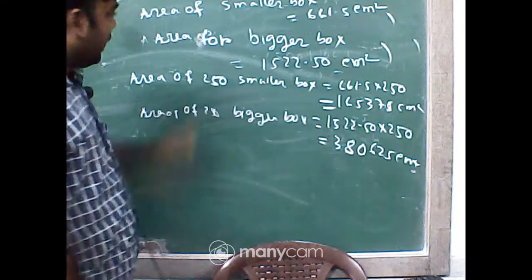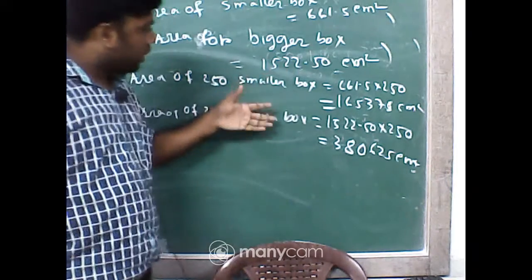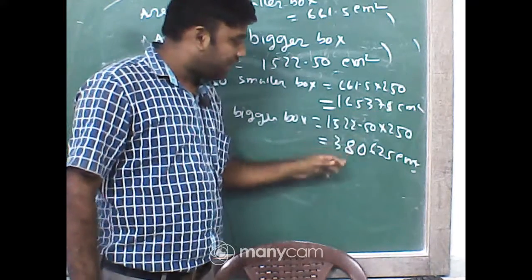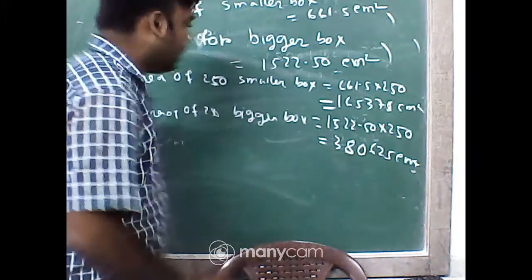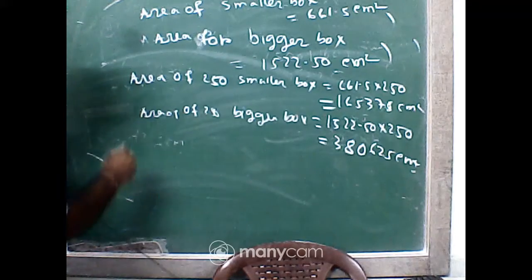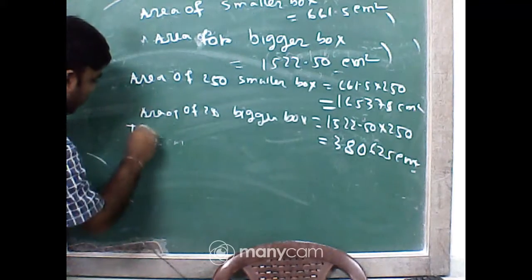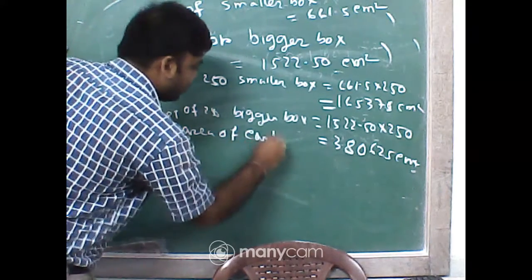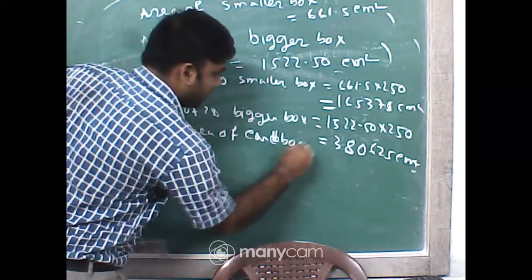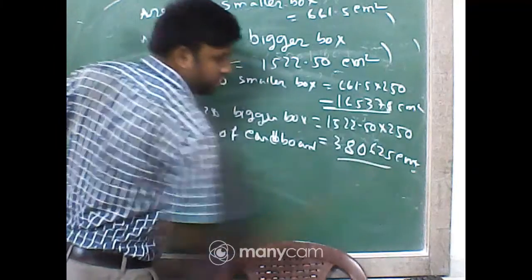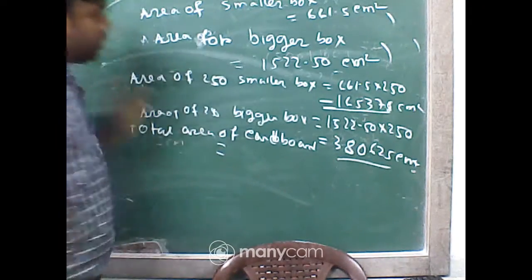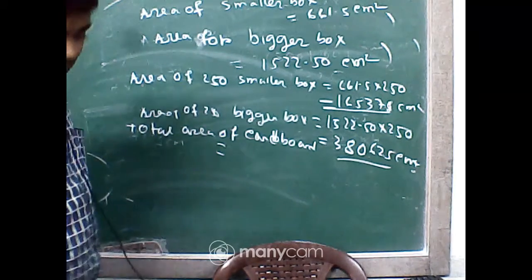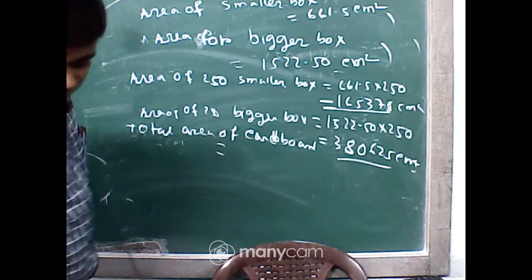So the total area of 250 boxes is 165375 plus 380625. So the total area of cardboard needed is this plus this.